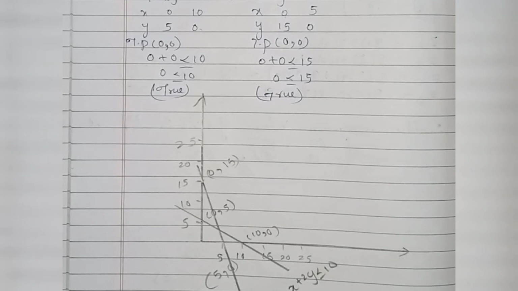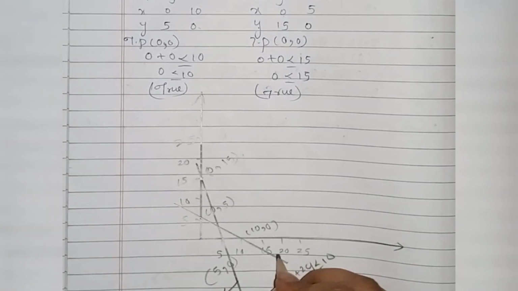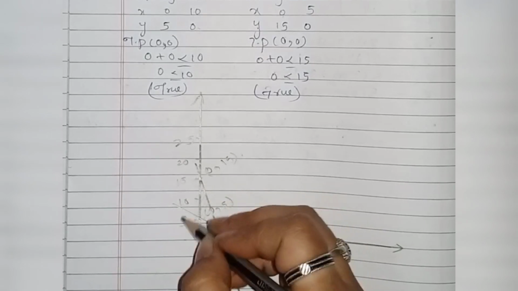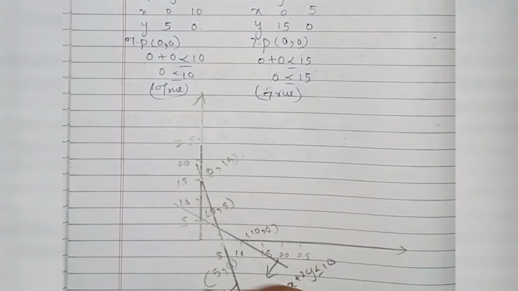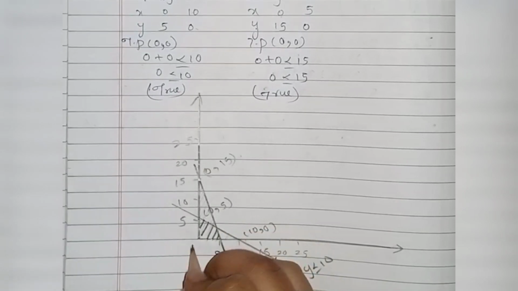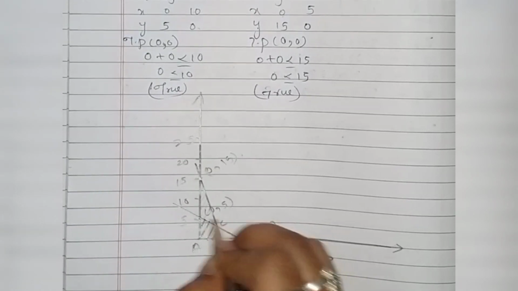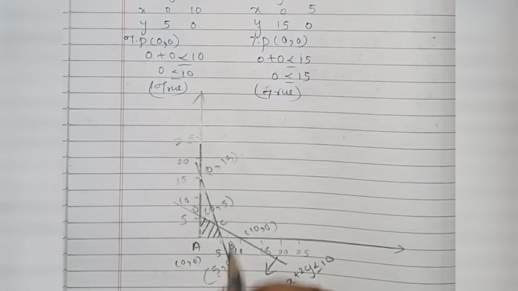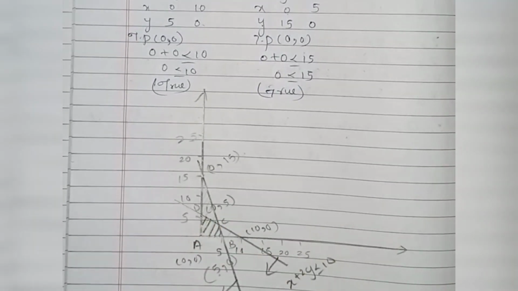Therefore both are towards the testing point, so it is going to be like this. We can clearly see this is the feasible region, which is A, B, C and D. A is (0, 0), B is (5, 0), C we have to find, D is (0, 5).